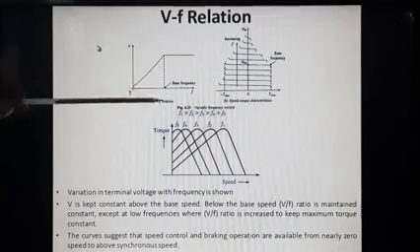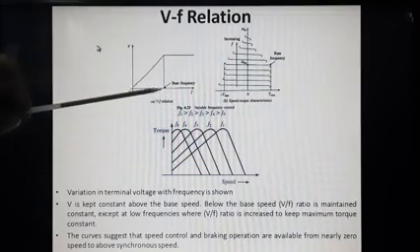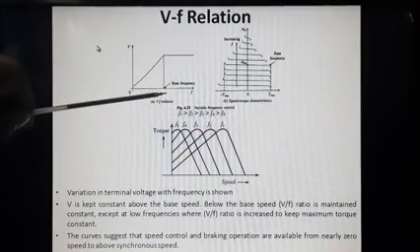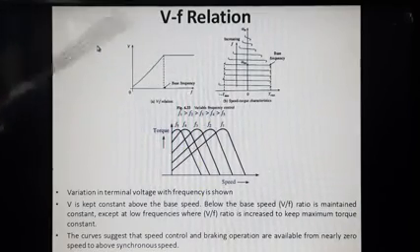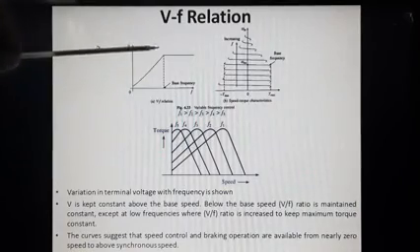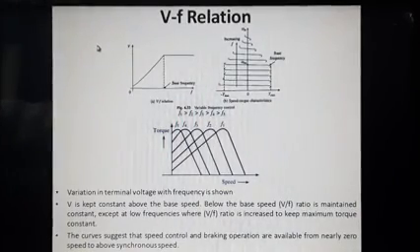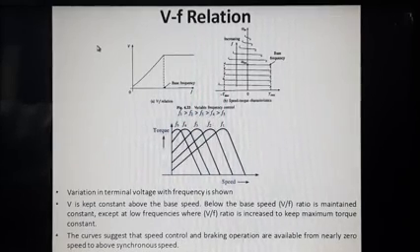From the V by F relation, we very well know that if we are increasing the value of frequency above the base frequency, we will not be able to increase the value of voltage, because the voltage can't be increased beyond the rated value. So above base frequency, we will be retaining the voltage as a constant value. So the V by F ratio will be reducing when you are trying to increase the speed above the base speed.